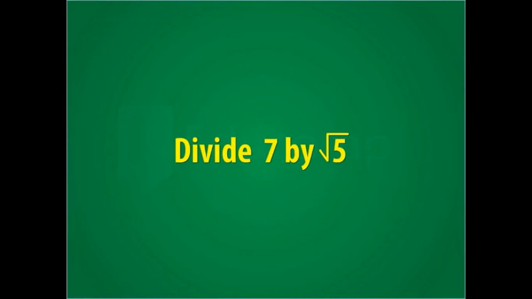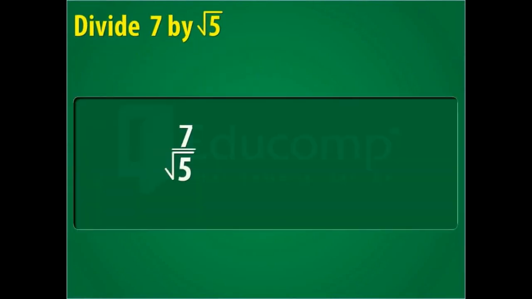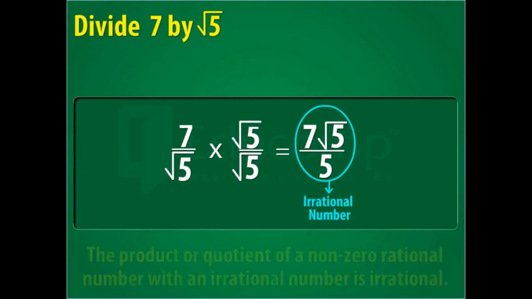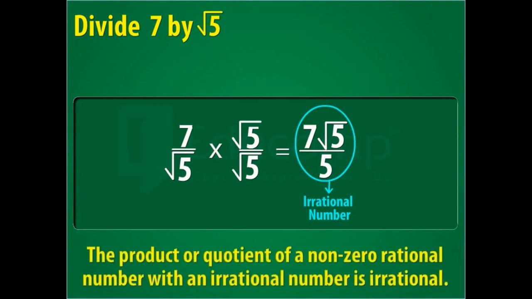Similarly, on dividing 7 by square root of 5, we get the irrational number. This helps us to generalize that the product or quotient of a non-zero rational number with an irrational number is irrational.